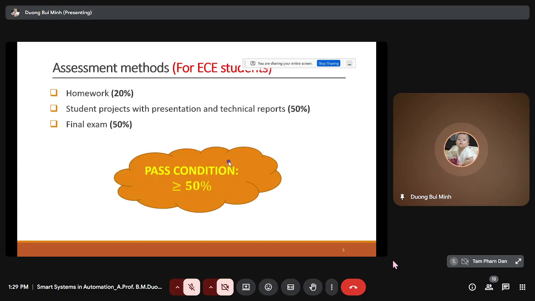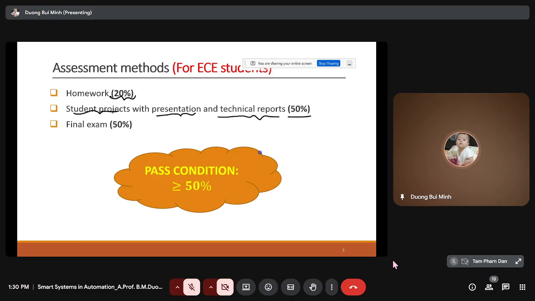Now assessment methods. Homework 20%. We have the student project or course project with a presentation and a technical report, 50%.